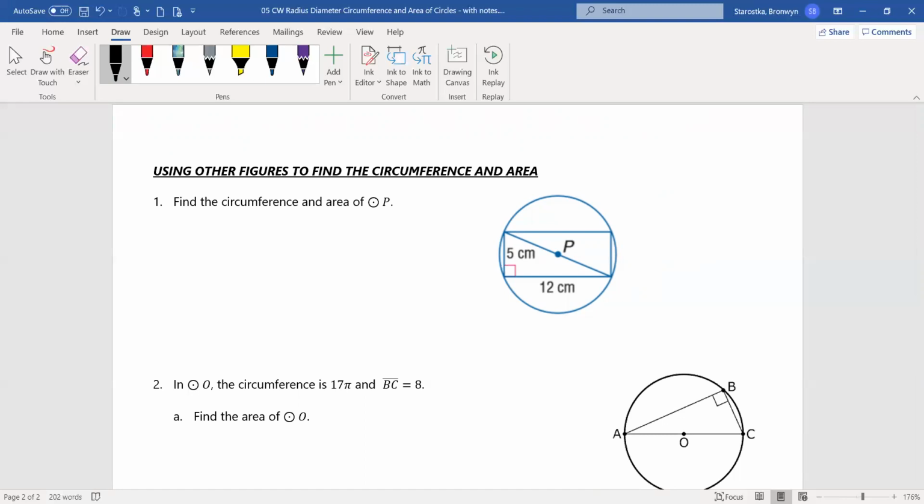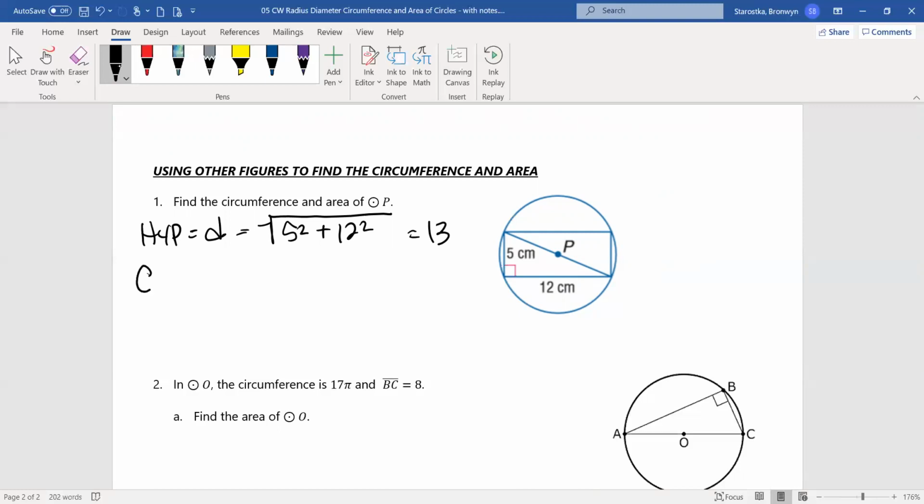So using Pythagorean theorem, my hypotenuse, which equals my diameter, is the square root of 5 squared plus 12 squared. When you plug that in your calculator, you should see that my diameter is 13.